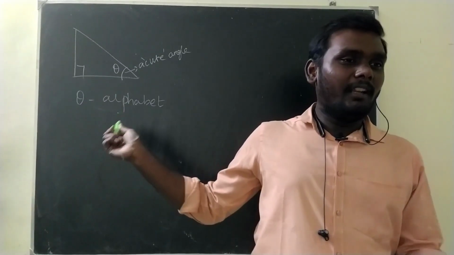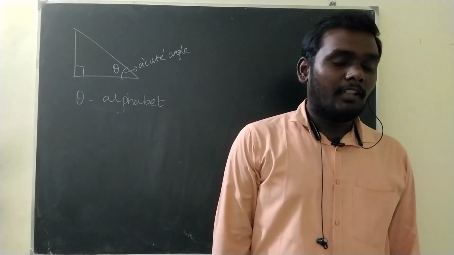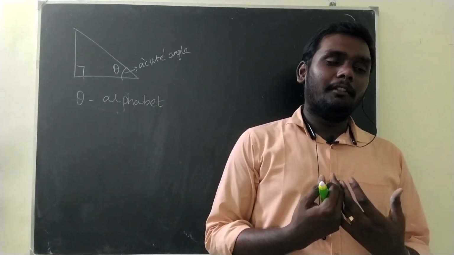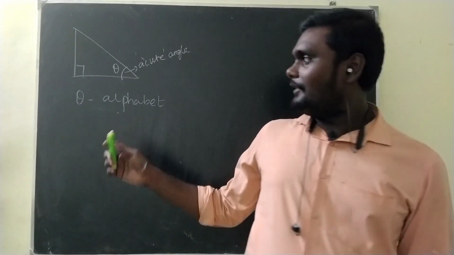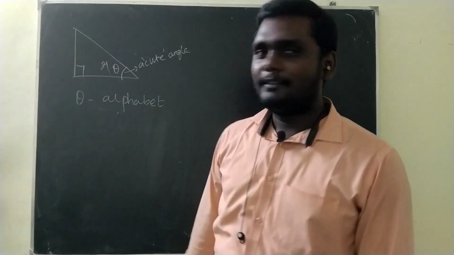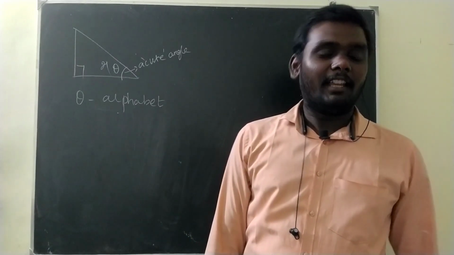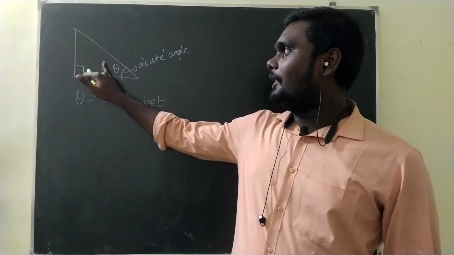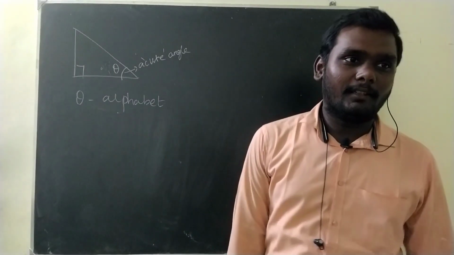Because those people derived these things. That is why they have used their alphabets. Imagine what if we Tamils had discovered all this? Instead of theta, we could have given our own letter, and then the whole world would be using it. That would be nice. But they found it, so we are not using this. We are using this for universal understanding.